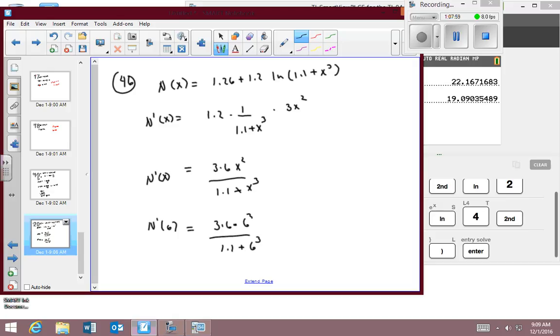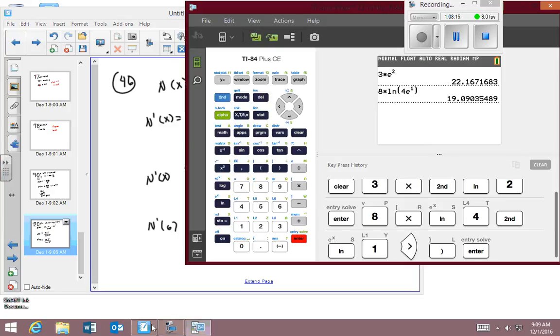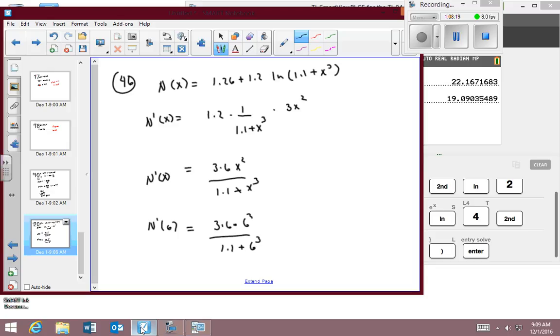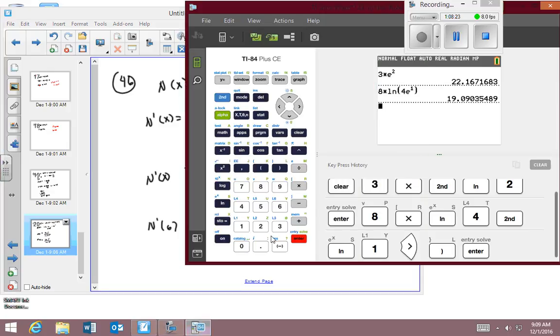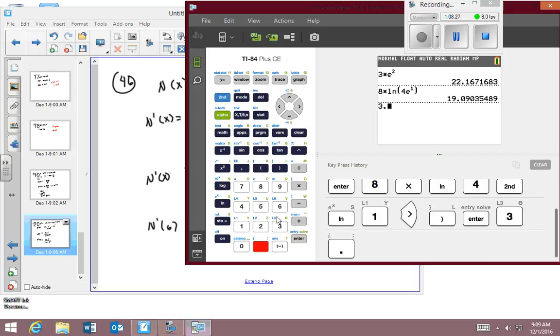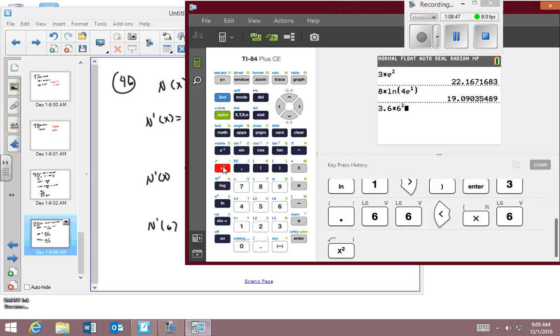Copies of a textbook, 1 year period. So if we plug that into the calculator, 3.6 times 6 squared, divided by bracket 1.1.